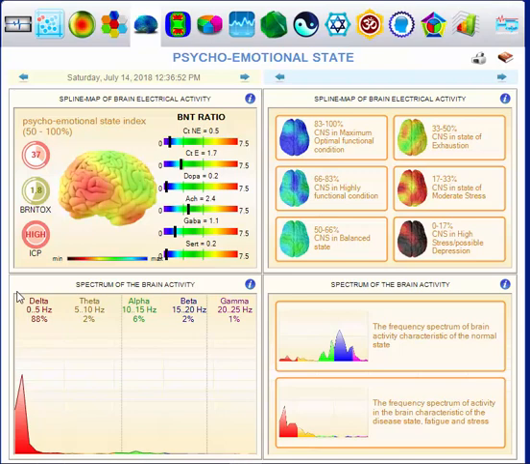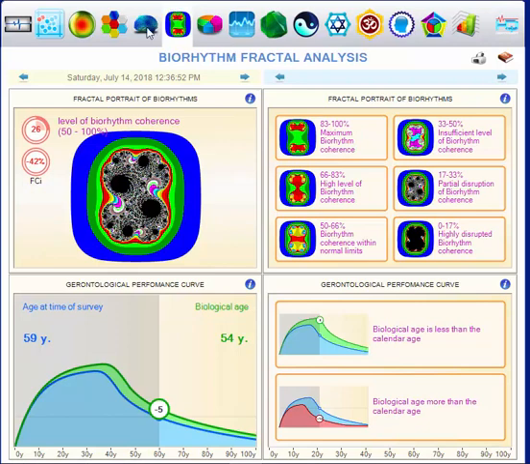And when we go deeper, we can see how circadian rhythm is affecting this and gives us other information about what's going on in this case. Next, we're going to see the biorhythm. So basically we see how much biorhythm coherence there is. It's 26%, so it's partially disturbed biorhythm coherence, and the forecast index is negative.